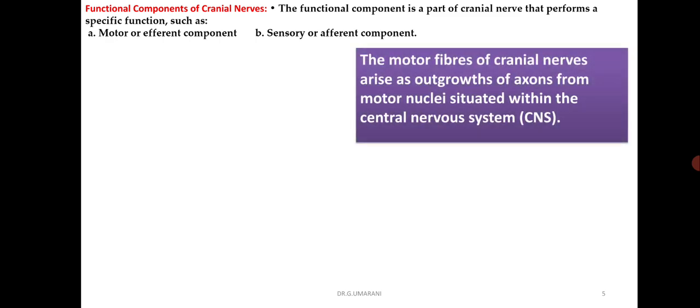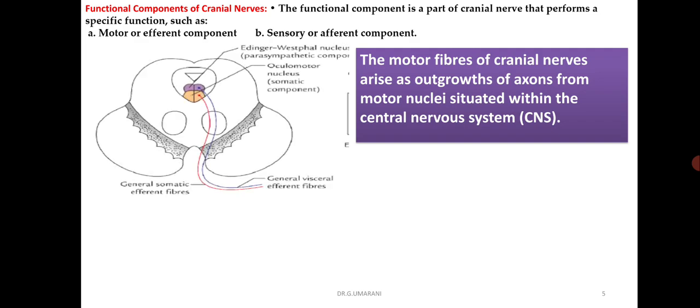The motor fibers of cranial nerves arise as outgrowths of the axons from motor nuclei, which are situated within the central nervous system. For example, in this diagram image, the Edinger-Westphal nucleus and the oculomotor nucleus are the motor fibers of the oculomotor cranial nerve.